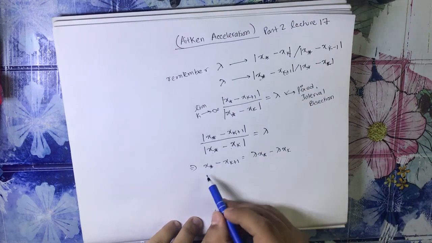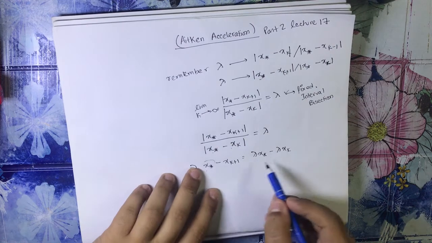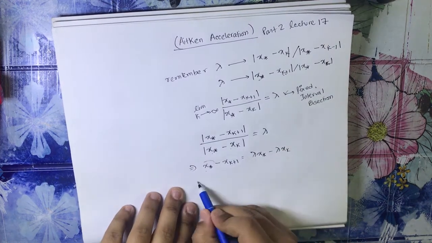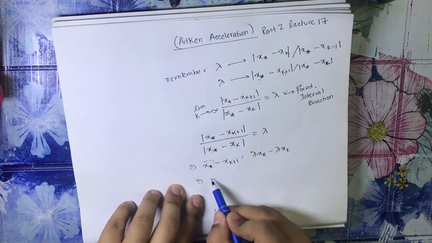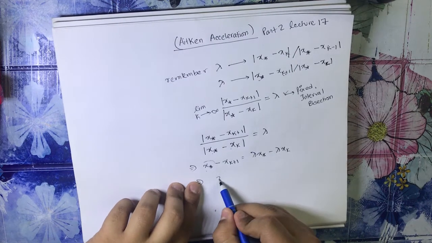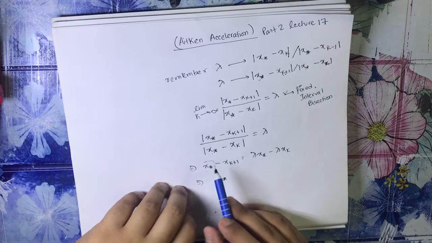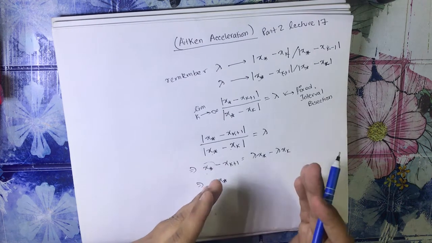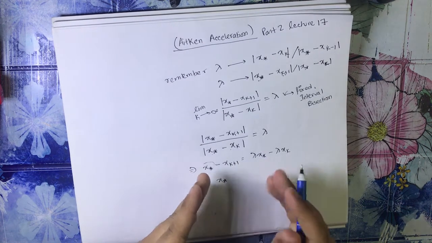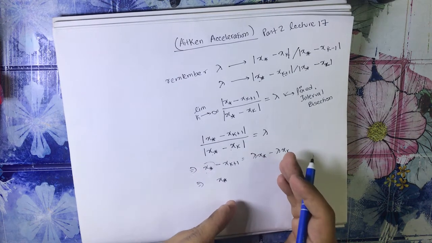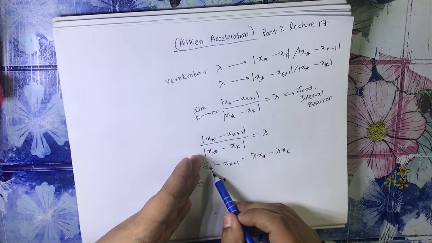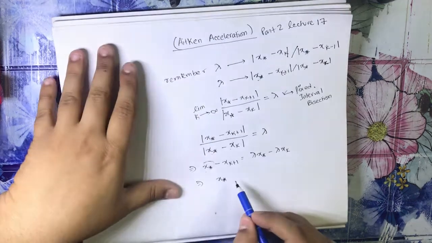So we want to find out x star. So we basically have to separate the x star on one side, and form an equation that we can actually use to calculate the root.